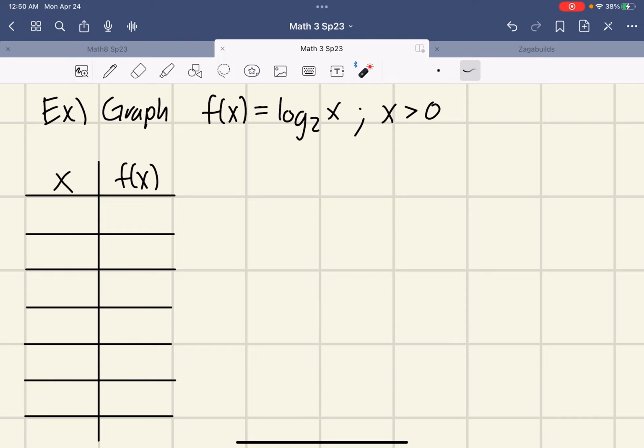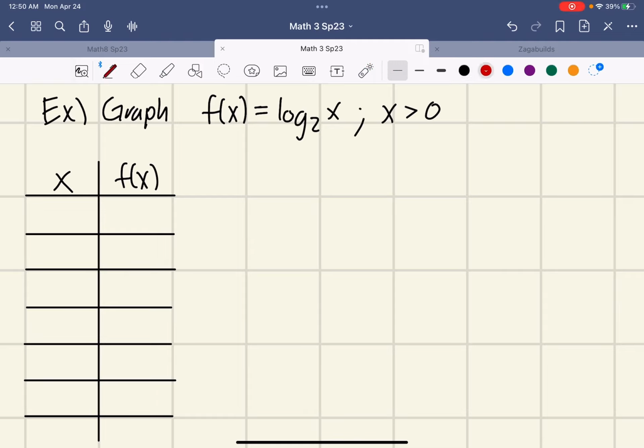But for the logarithm, this is the one time that you probably don't want to be starting with choosing your x's. You actually want to choose your y's. And let me give you a quick example of why that's true.